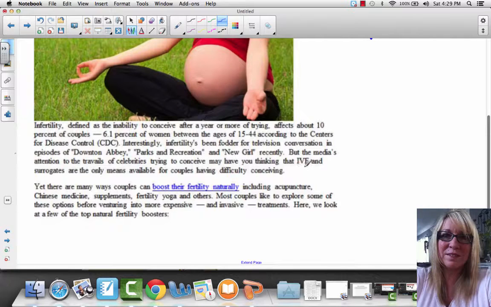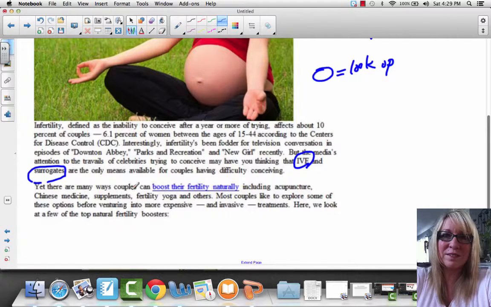So I might circle these words just because I don't know what they mean, and I don't know if they'd be important in answering the question. So those are things that I might want to look up, meaning I don't know what those words mean. You should be writing this on your article.